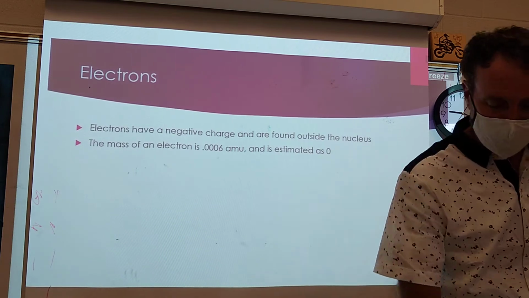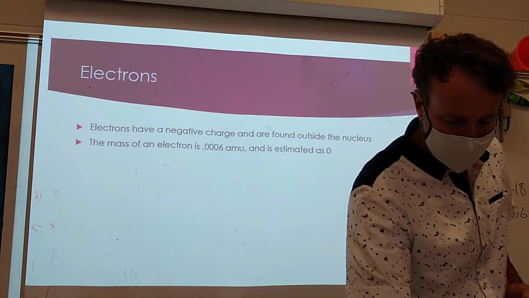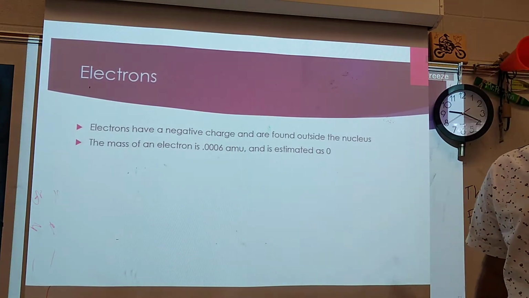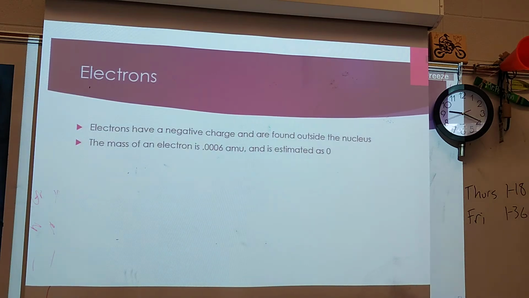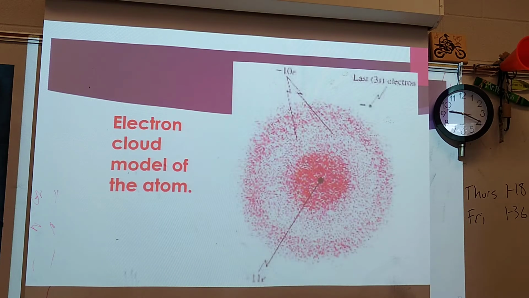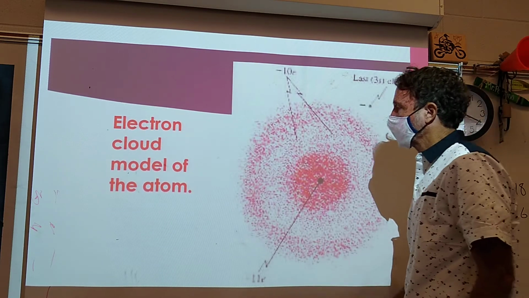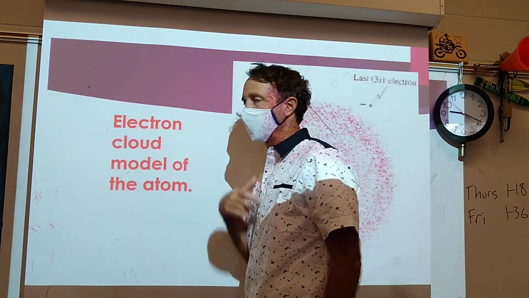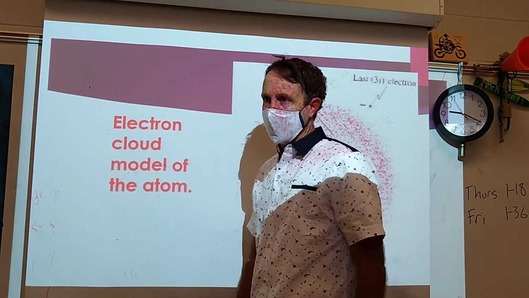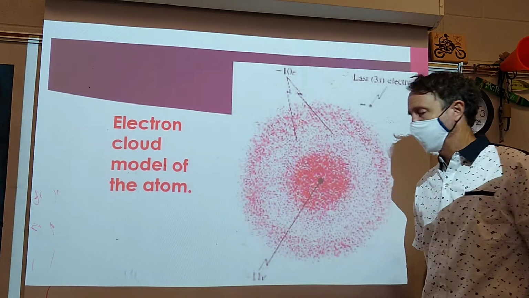Okay? So we have protons, neutrons, and electrons. And then the modern version of an atom is this. It's called the electron cloud model. And it is unlike anything you've seen before.